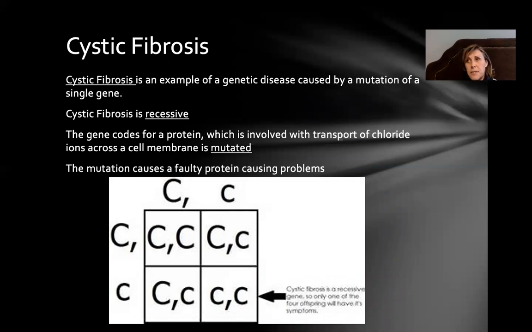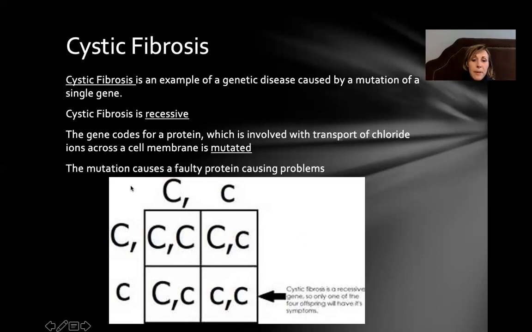People with cystic fibrosis have a lot of issues breathing, they have mucus build up in their chest, they always have to take medicine, and they have stomach problems because they swallow a lot of mucus and it goes into their stomach. So just one little mutation can cause a lot of problems.